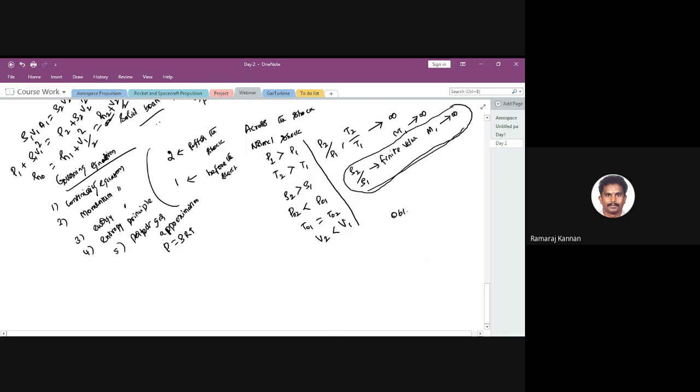If you look at the oblique shock with a weak solution, still after the shock your Mach number is going to be supersonic. Even your stagnation pressure loss is less when compared to your normal shock.